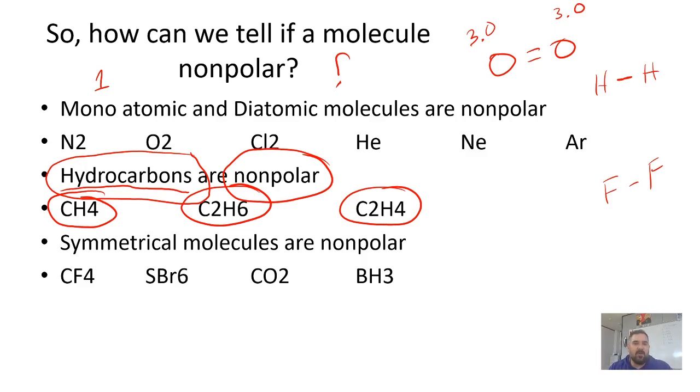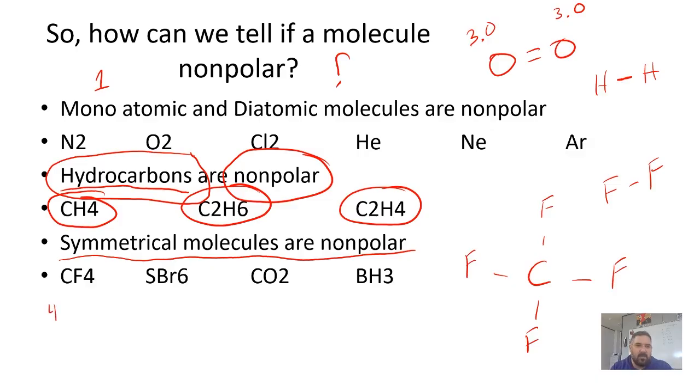Last one, which is the most difficult for people to answer, is going to be symmetrical molecules are nonpolar. Now, what is a symmetrical molecule? Let me go ahead and draw one out for you. So CF4, carbon, and it's going to have 4 bonds. It's going to be bonded to fluorine. And I just want to draw this right.